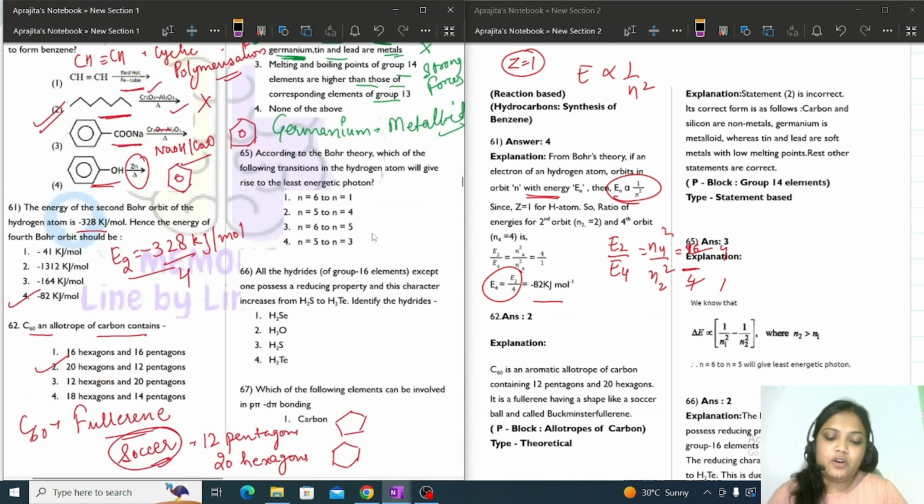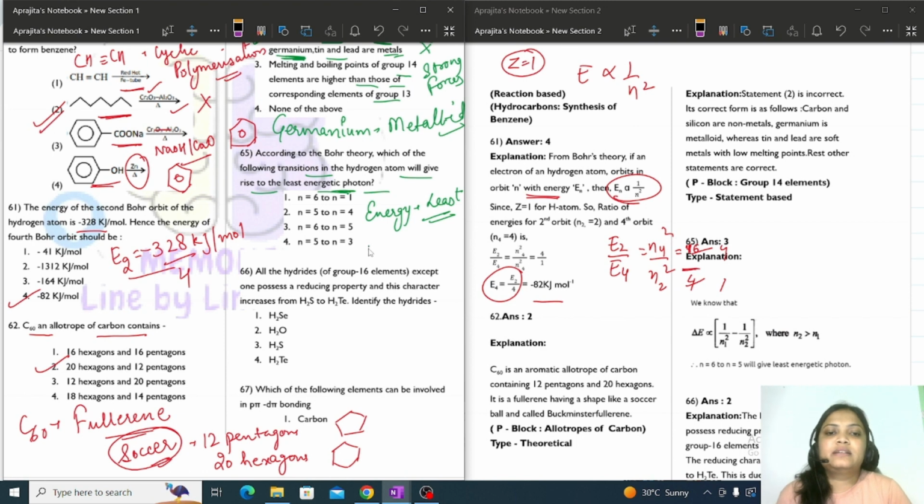Now, according to Bohr's theory, which of the following transitions in the hydrogen atom will give rise to the least energetic photon? We know that if the difference between energy levels is least, it will give rise to the least energetic photon.